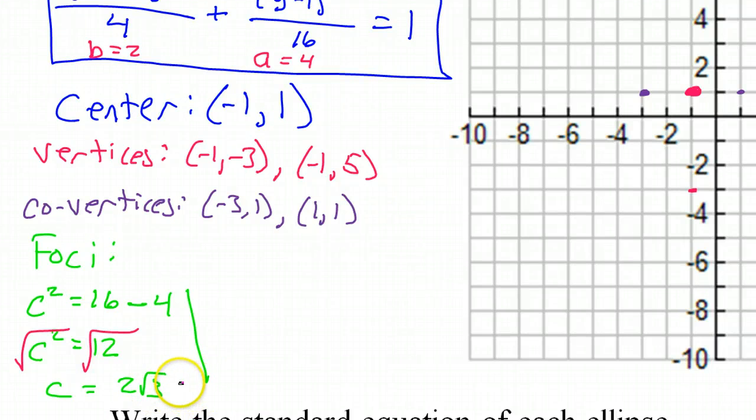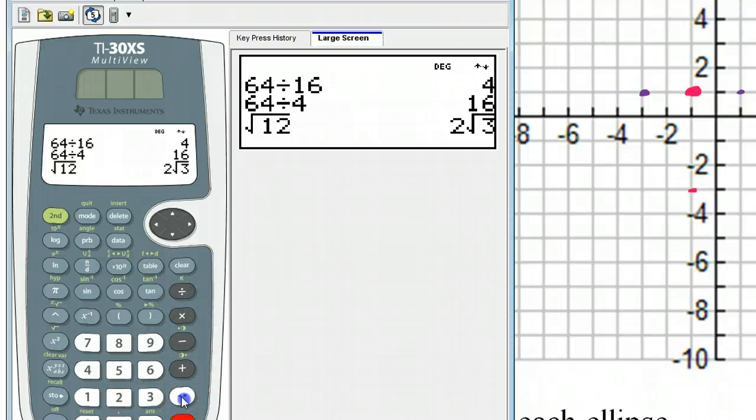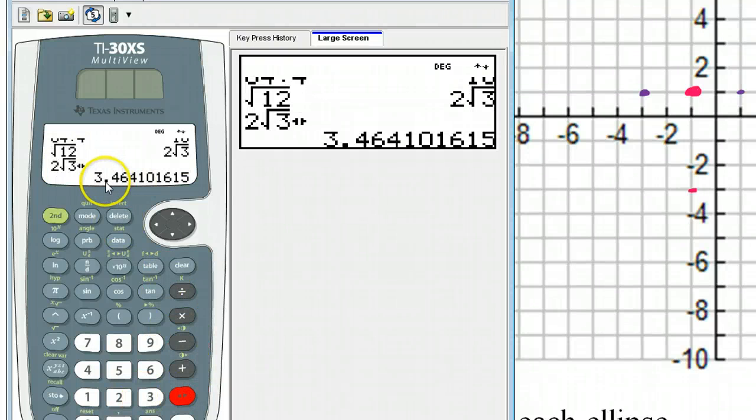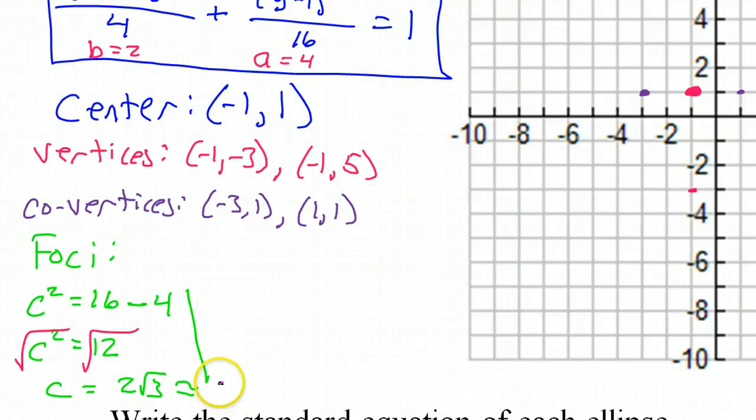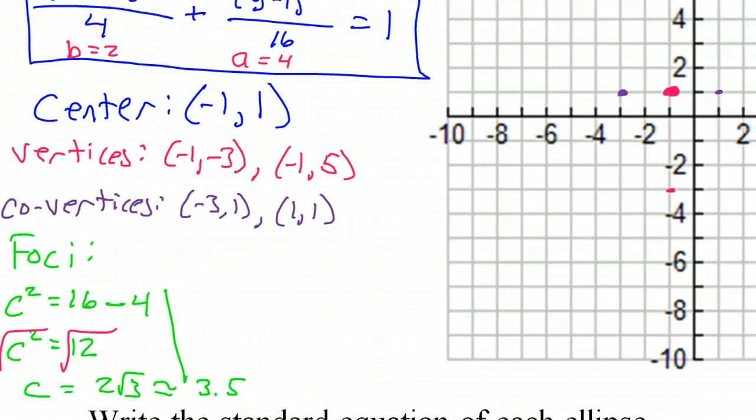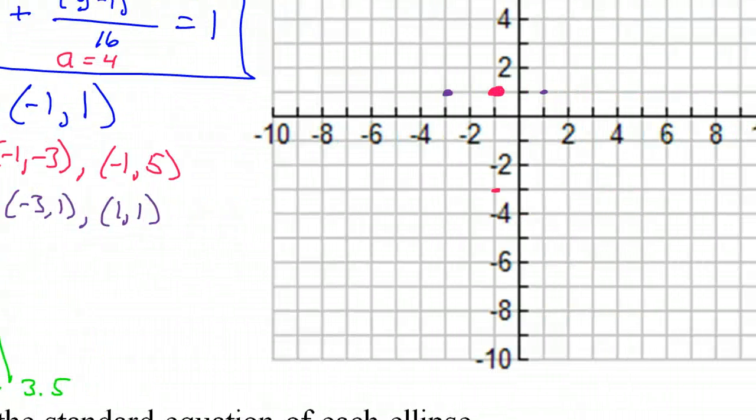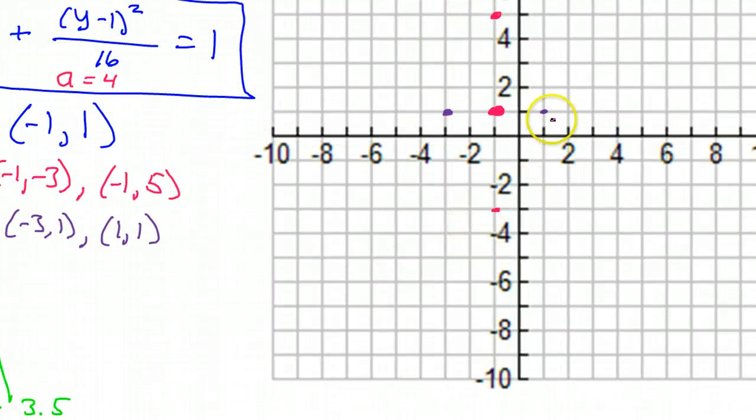Now for graphing purposes, I'm going to find out what the decimal version of this is. So 2 radical 3 is approximately 3.5. It's very close to 3.5. I will not be allowed to use decimals when I list what the foci are. But visually, I know that the foci have to go the long way, which in this case is vertically.